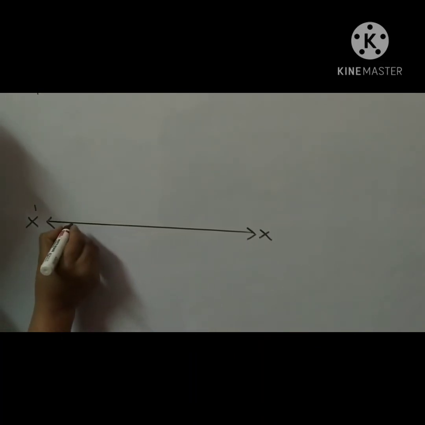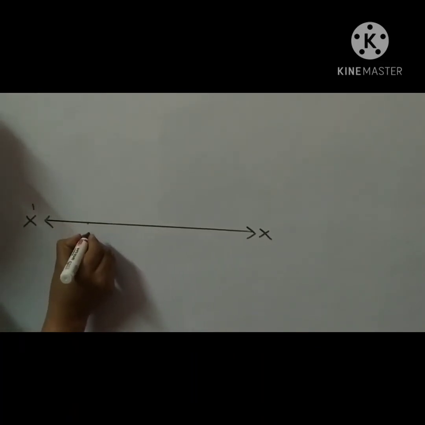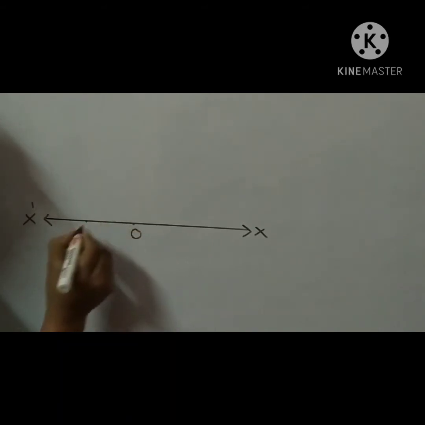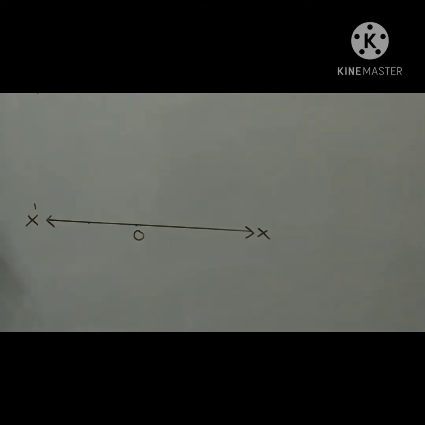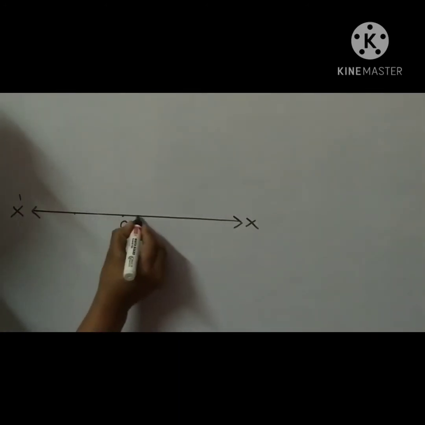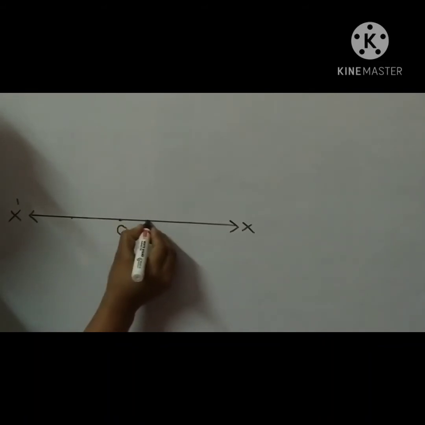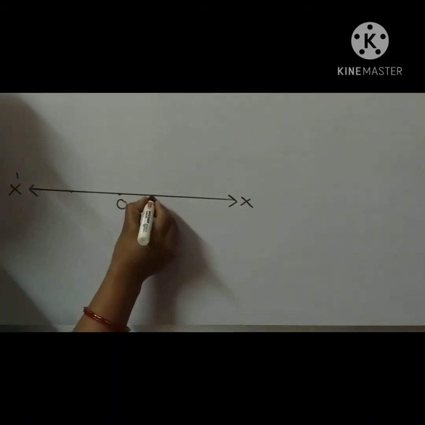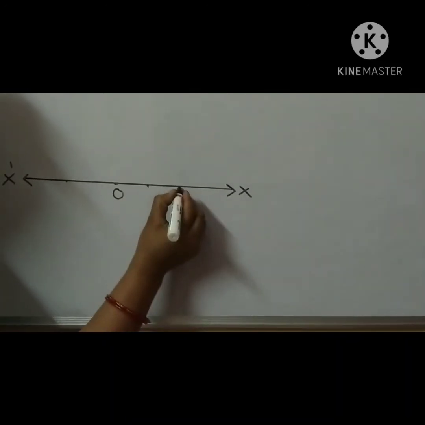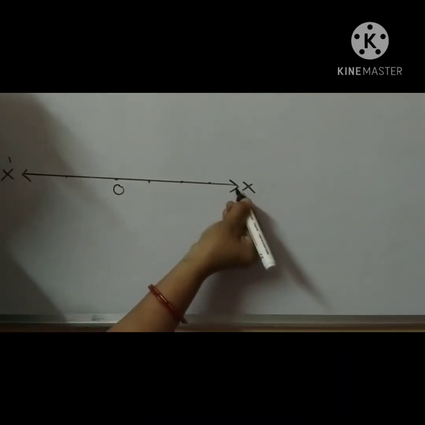Here, the middle point is considered as O, or 0. Then you draw each and every point up to here. Every distance is 1 unit. You have to take the distance as 1 unit up to here and like this.